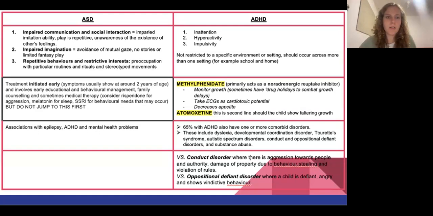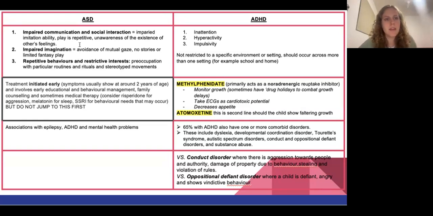So it's really important to monitor BMI, and it can also cause myocarditis. So we do an ECG to look at the baseline and prevent any future problems from occurring. And if there is any problems with growth, then we go to the second line, which is atomoxetine. Okay.